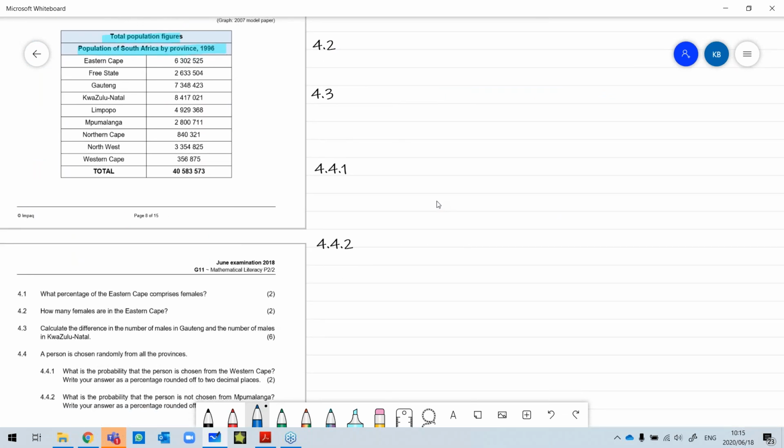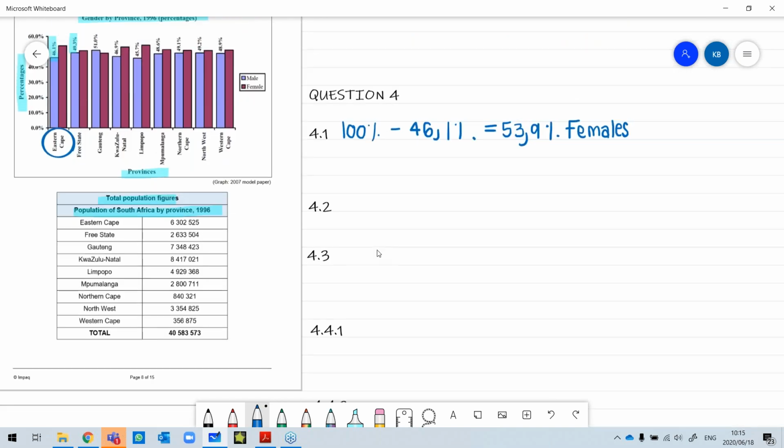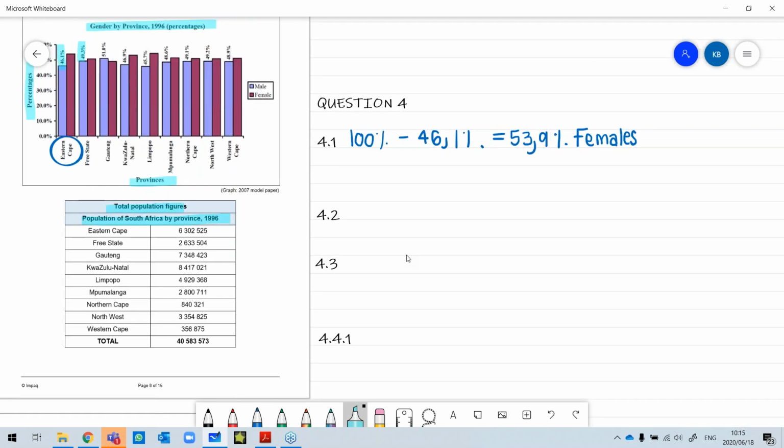How many females are in the Eastern Cape? Okay, so how many? Now we have a look at the table at the bottom. The Eastern Cape has a population of 6,302,525. Now we've already determined that 53.9% of this amount is females.